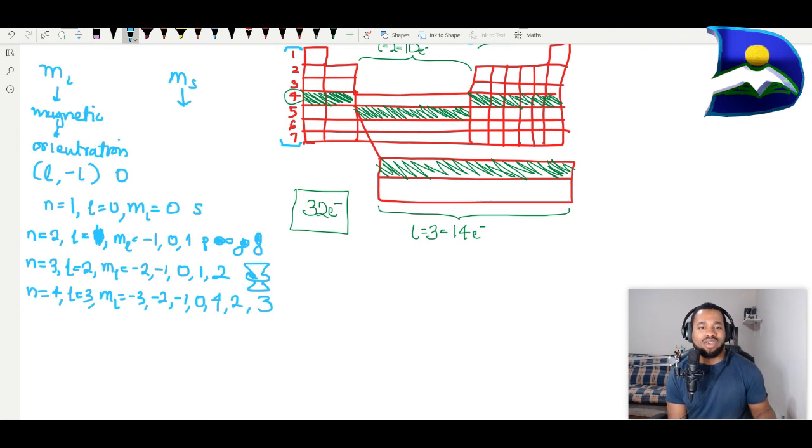Then you have the in phase right here, and the other sides are out of phase, depending on which one you pick. And then the final one here is the f orbitals, and in here there are 7 orbitals in the f region, and the f region is way more interesting in terms of the design and the probability of electrons in those specific spaces.